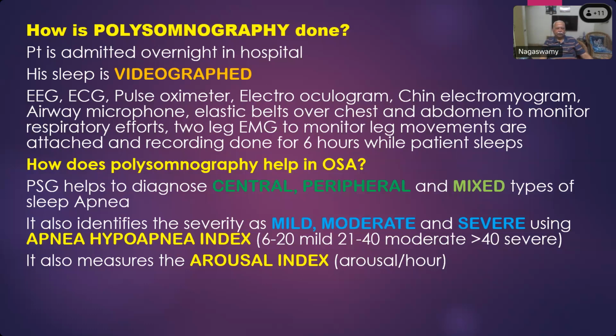So it is called the respiratory distress index. Respiratory distress index is nothing but the addition of the apnea hypopnea index plus the arousal index. If you join both, then you get what is called the respiratory distress index.